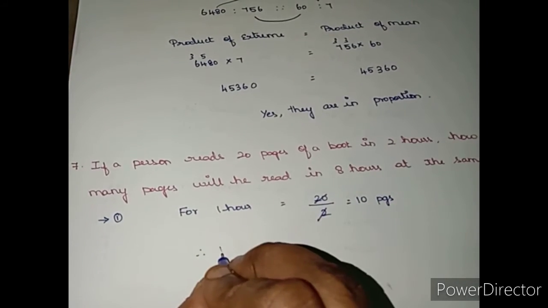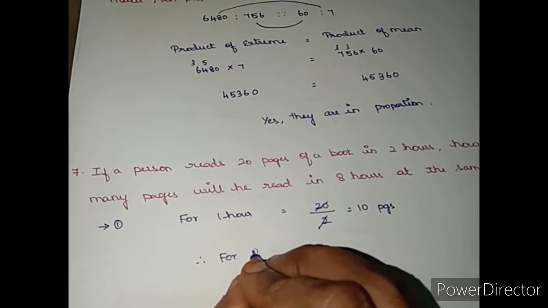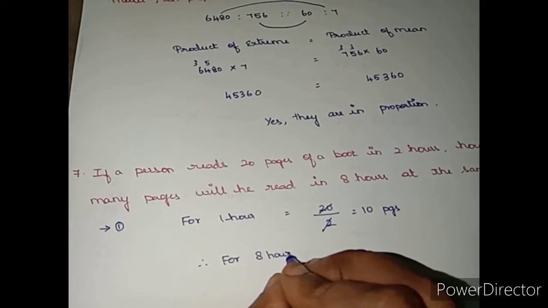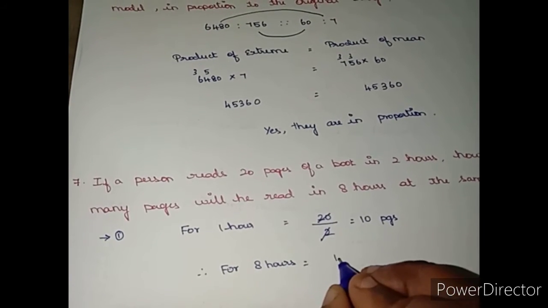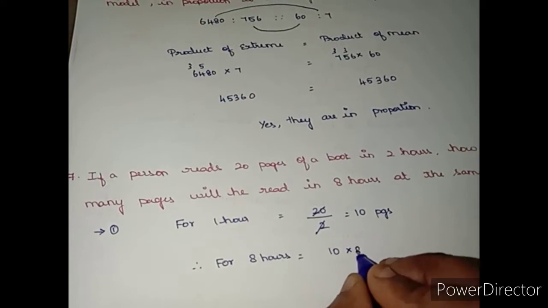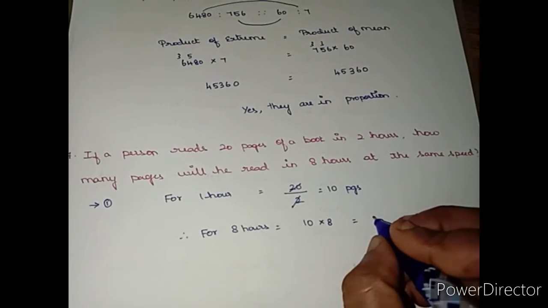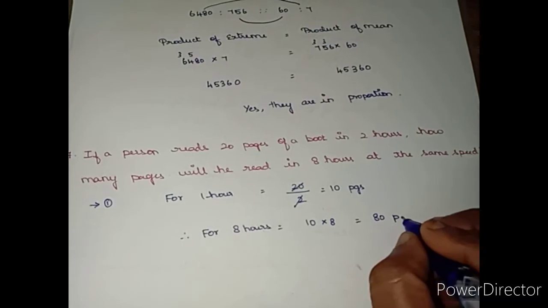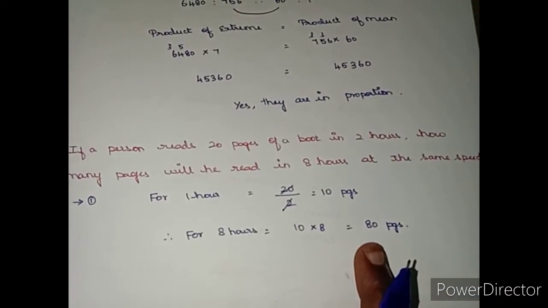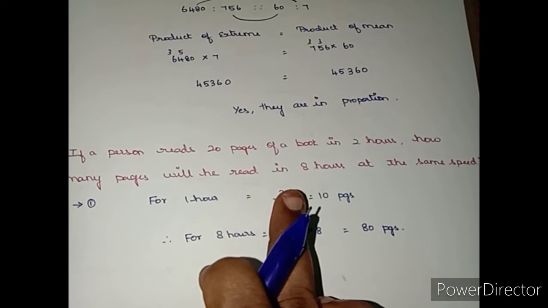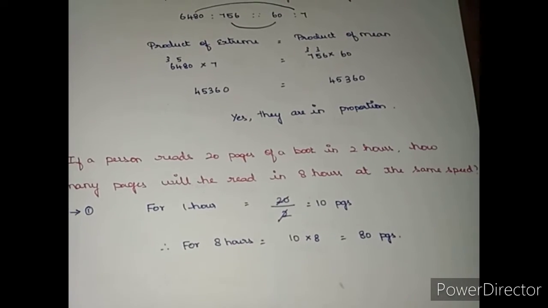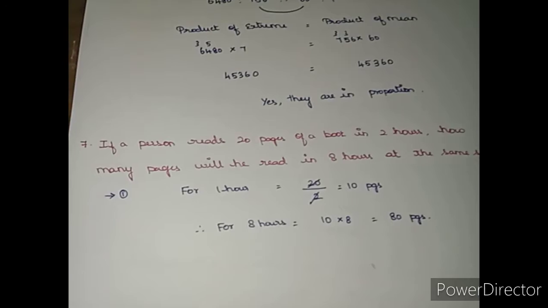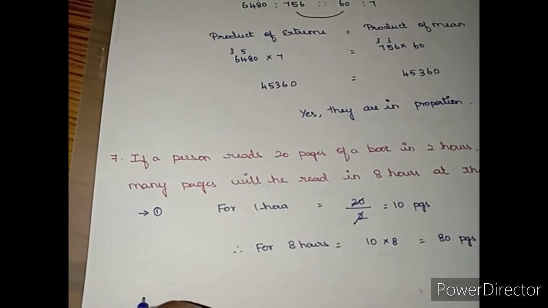Therefore for 8 hours, 10 pages into 8 hours is equal to 80 pages. So he can read 80 pages in 8 hours.